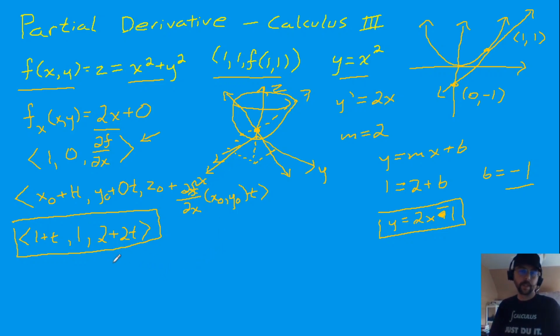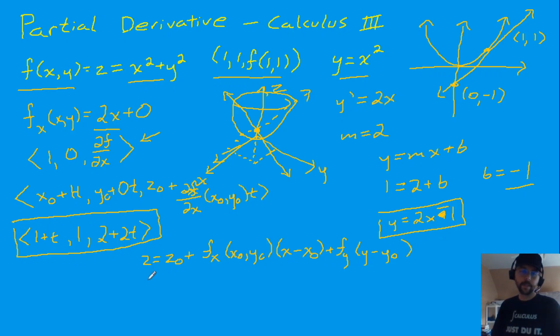One more useful thing that we can find, and for this one we're going to use the formula z equals z sub 0 plus the partial with respect to x of our starting point x0, y0, times x minus x0, plus the partial with respect to y of y minus y0.